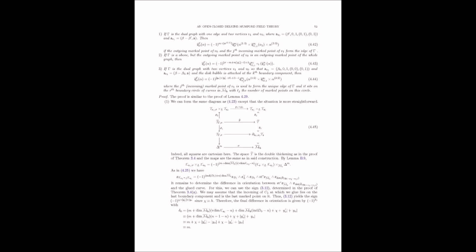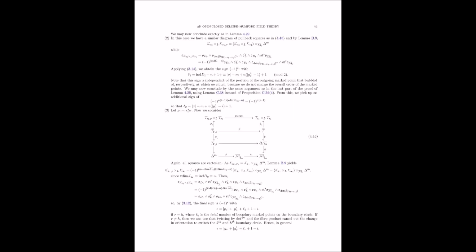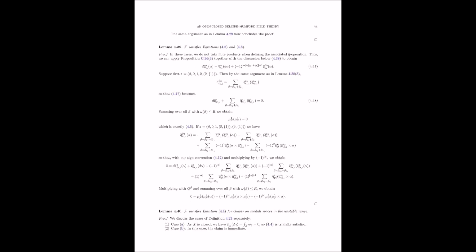Yeah. And this is, I think, potentially the first time these orientation signs have been worked out for open stable maps in higher genus. Oh, wow. So they build on some recent work by Chen and Zinger, who developed this powerful framework for handling orientations in Gromov-Witten theory.